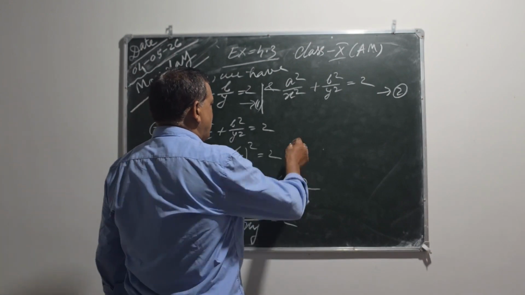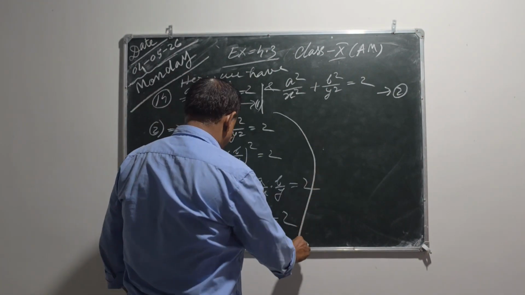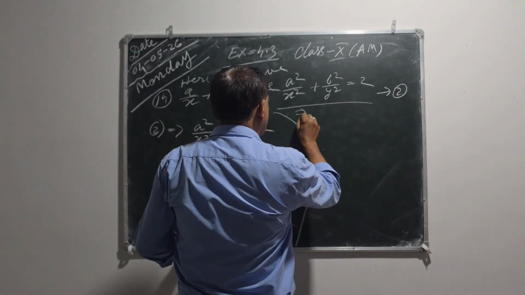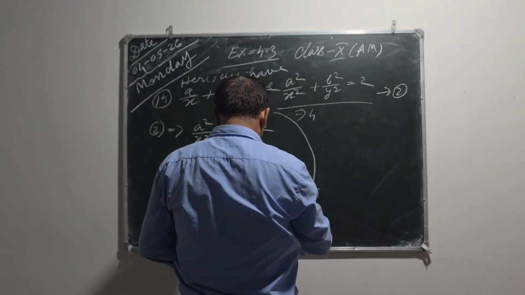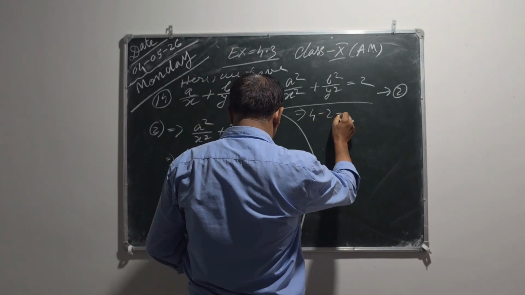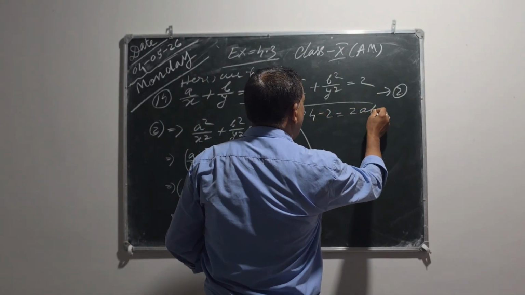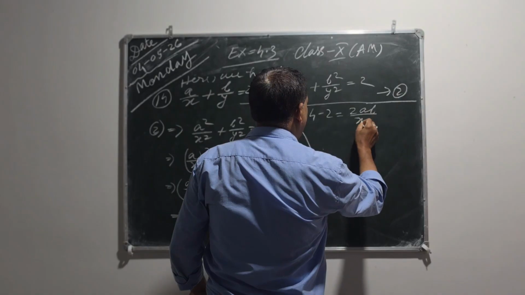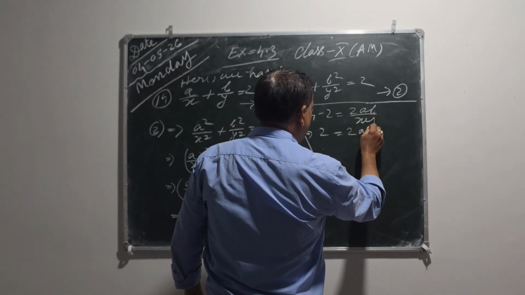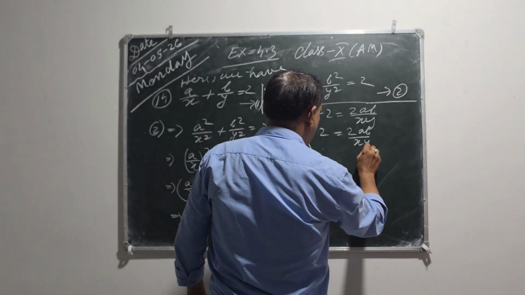So let us simplify this one now. It will be 4. This will go that side, this will come this side. So 4 minus 2 equal to twice ab divided by xy. It will be 2 equal to twice ab by xy.